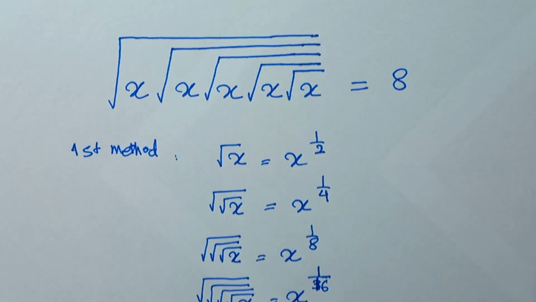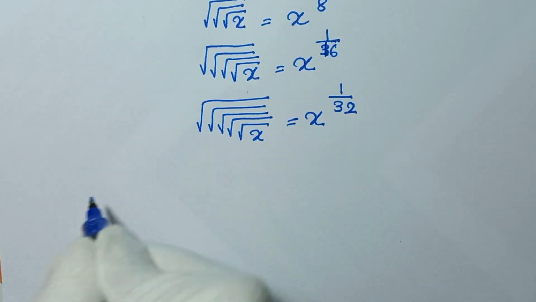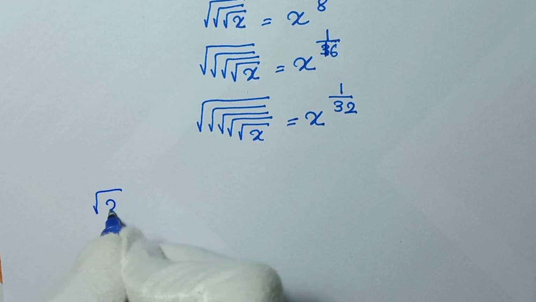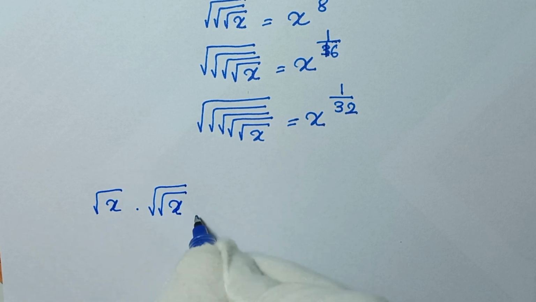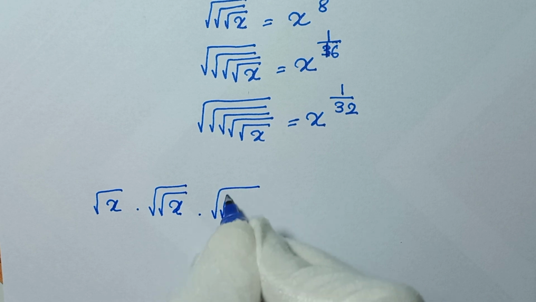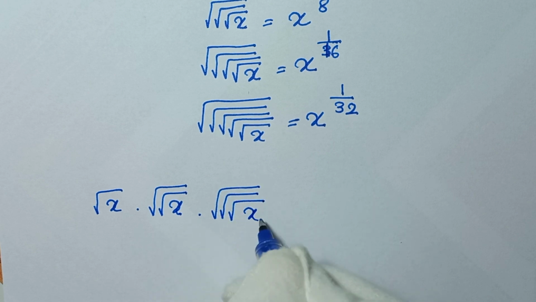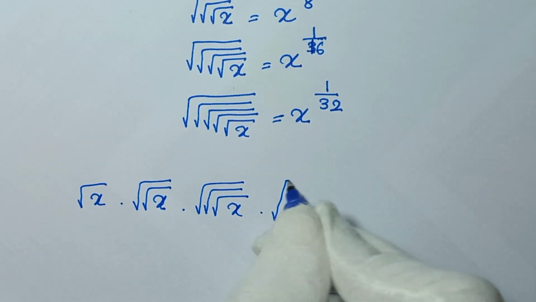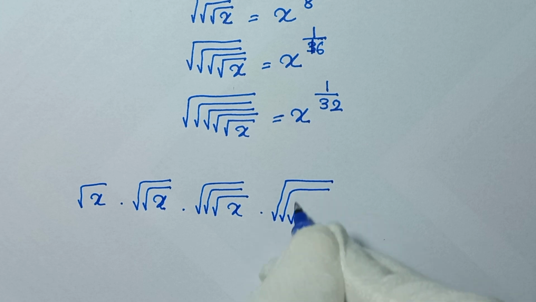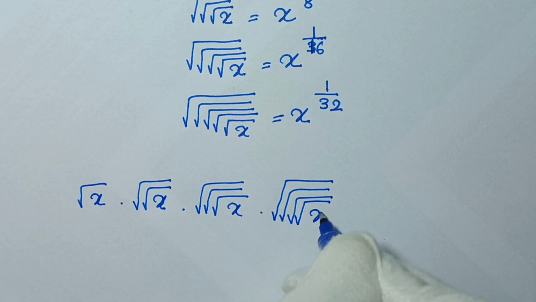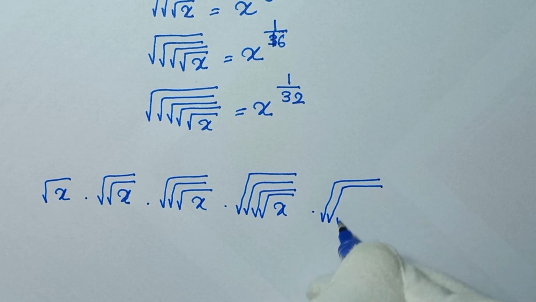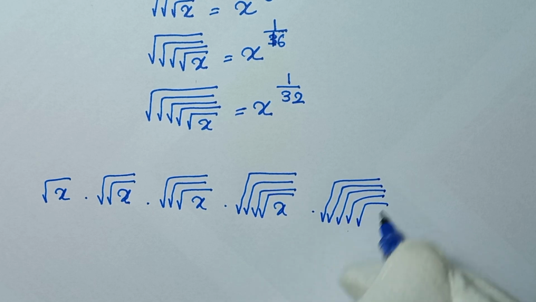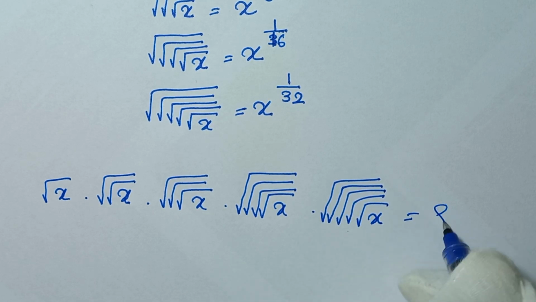So we can write this as a square root of x times a square root of x times a square root of x, and times a square root of x, and times, in here we have 5 square roots of x is equal to 8.